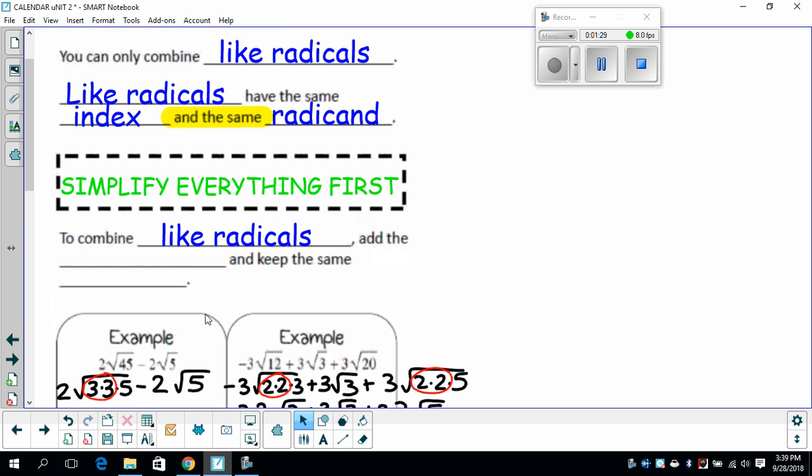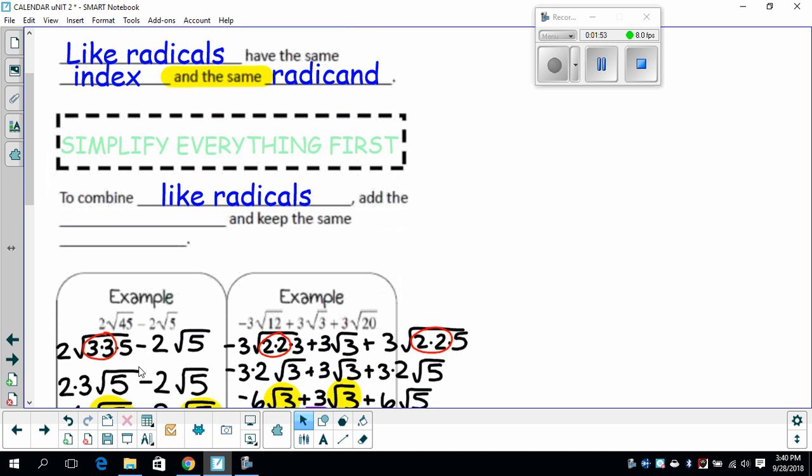All right, so in example 1, we have 2 times the square root of 45 minus 2 times the square root of 5. So the very first thing is we're going to simplify our square root of 45. Square root of 5 is already simplified. 5 is prime. So when we prime factorize 45, we get 3 times 3 times 5. And of course, our pair of 3's can get kicked out. So we get 2 times 3 times the square root of 5.